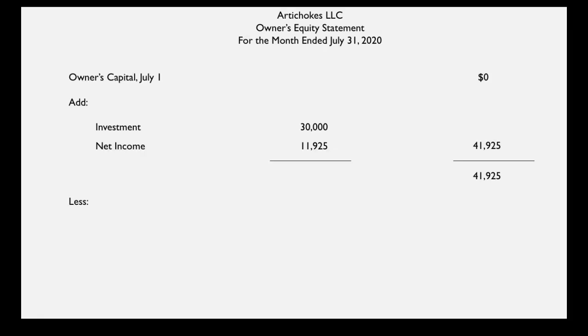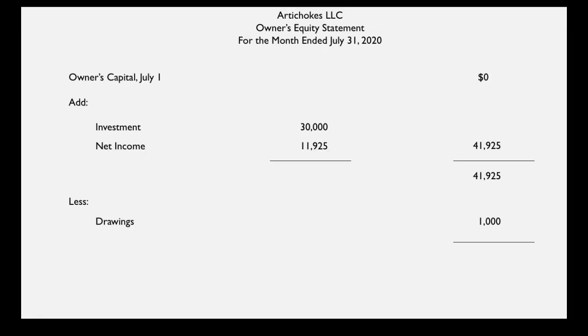Now, what gets subtracted on an owner's equity statement? Your drawings. Another piece that could be subtracted would be your net loss if you had more expenses than you did revenues. But in this case, we had a net income, so the only piece that gets subtracted are those owner's drawings.